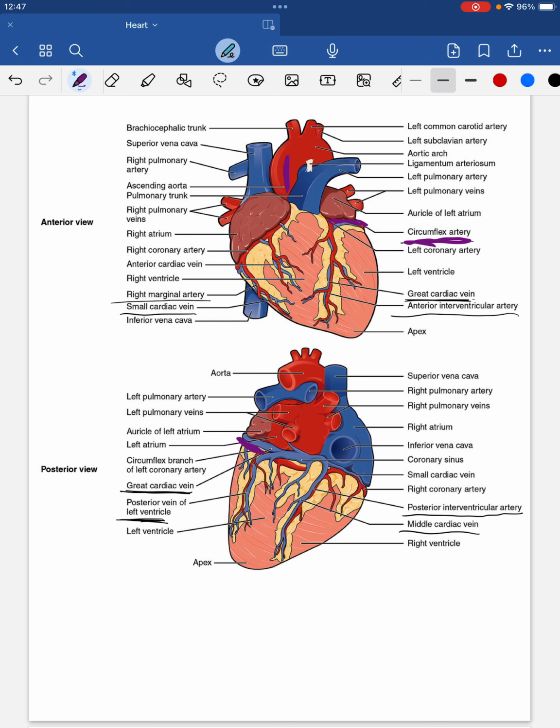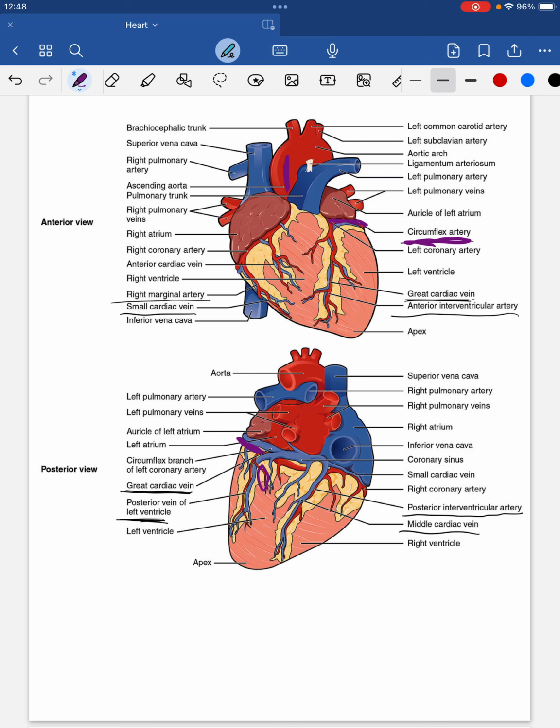And to get a little bit more technical, when we get to blood vessels, we'll learn about this more. But we go from arteries to arterioles, which are smaller arteries that branch off. So these would be like arterioles. And then to the capillaries. So capillaries are where oxygen is exchanged and carbon dioxide is picked up.